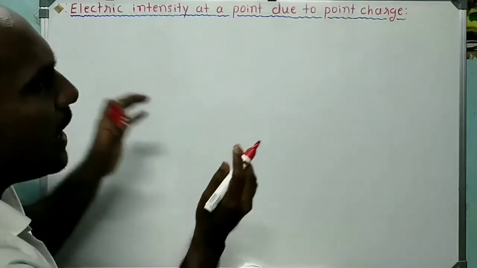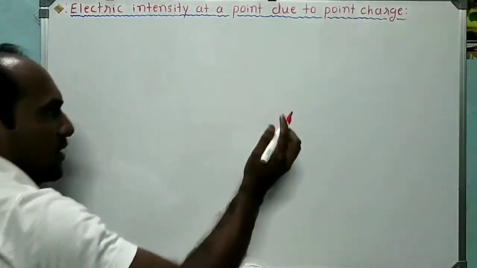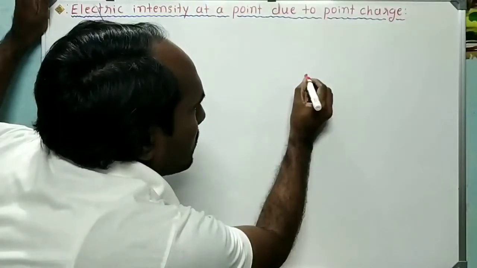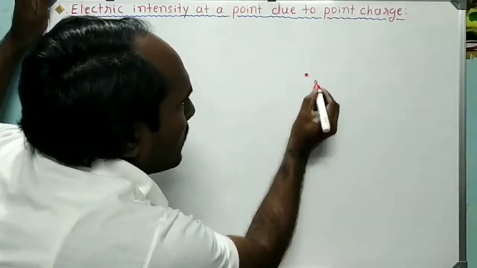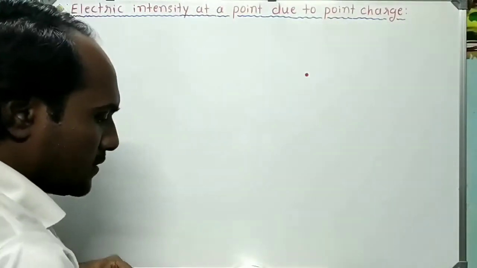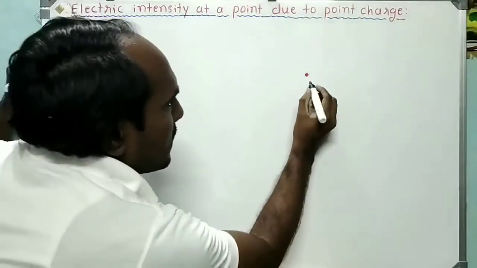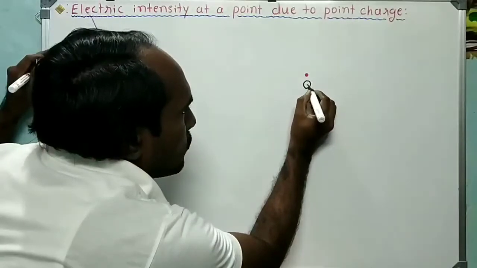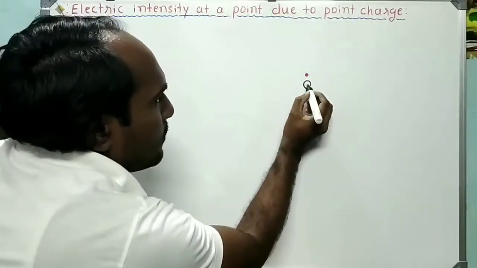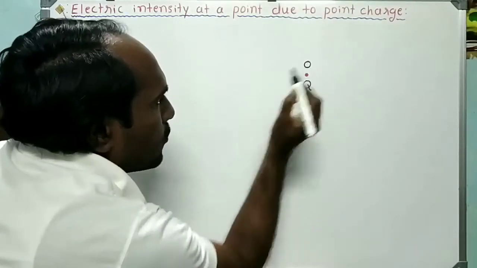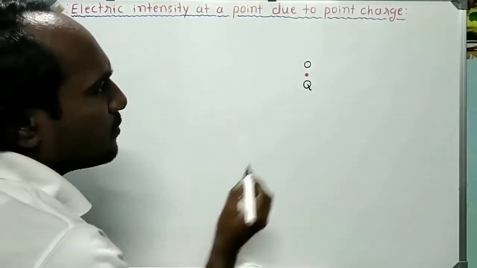That means I have to consider a point charge here. This is a point charge. What is the magnitude of this point charge? Say capital Q coulomb. I will place this capital Q coulomb at the point O. O is a consideration point.